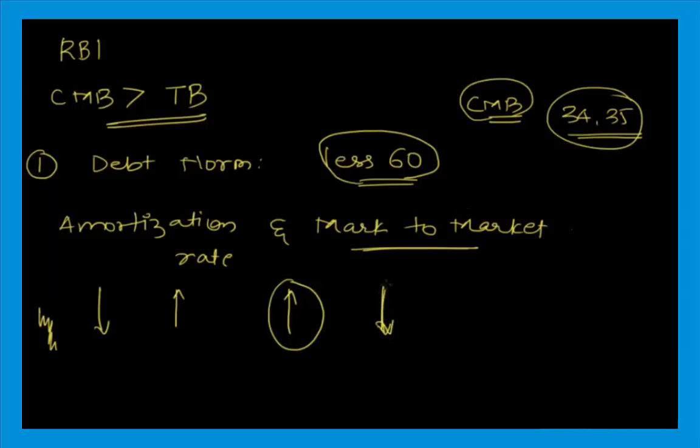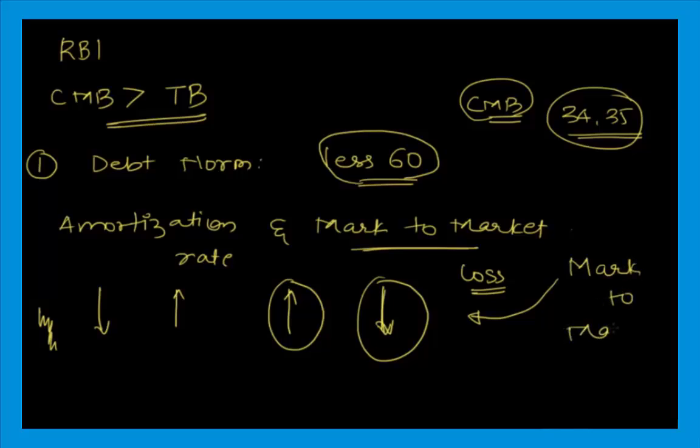When the value drops, it's a loss for the investor, and hence the investor has to, at the end of the day, pump in more money to manage the mark to market losses. This is what happens when the security is more than 60 days.